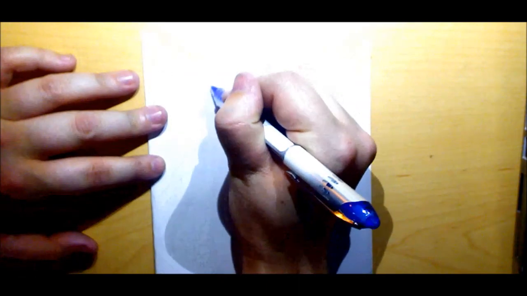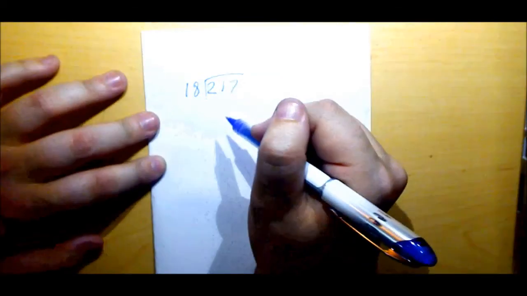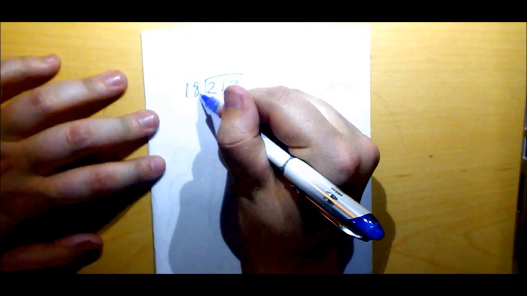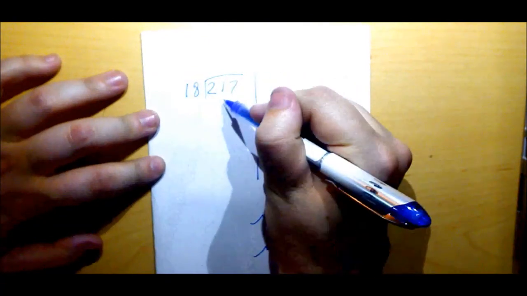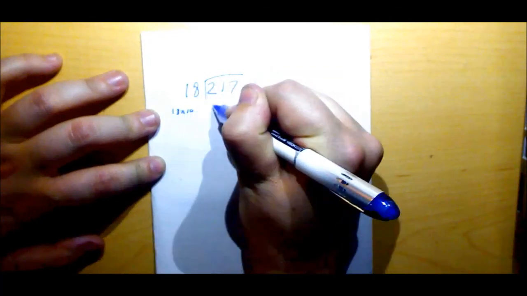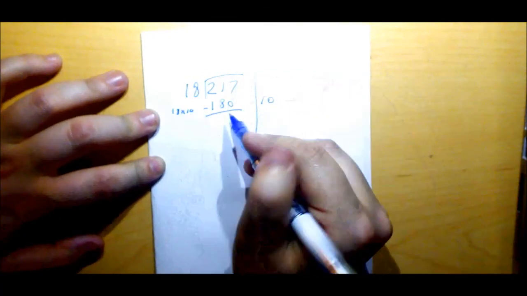So I'll do another example. 217 divided by 18. I'm going to subtract 10 at a time, 10 18s at a time, because I don't want to do 18 minus 18 minus 18 minus 18 minus 18. 18 times 10 is 180, and I'm going to put right here that I subtracted it 10 times.